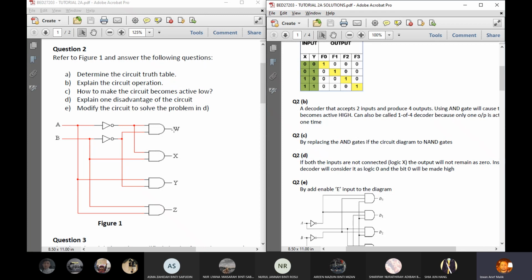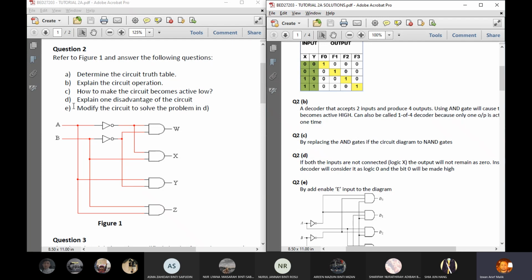So the output dekat sini dia akan still ada output tu walaupun sebenarnya input dah tak ada. Okay, so that is one of the disadvantages of this circuit. Okay, supposedly kalau tak ada input, so dekat sini tak ada output lah. Tapi bila dia tak ada input, dia still ada output.